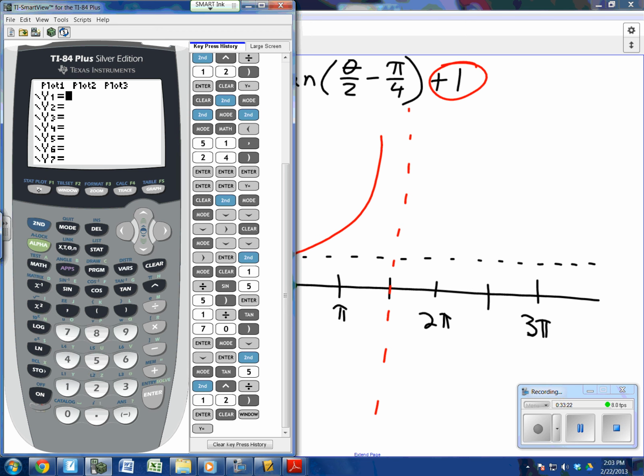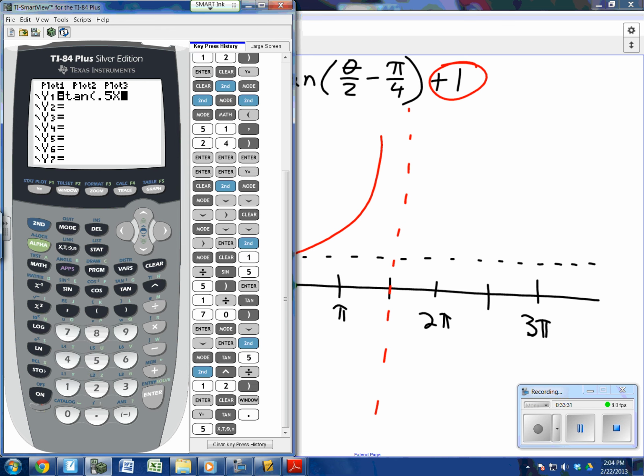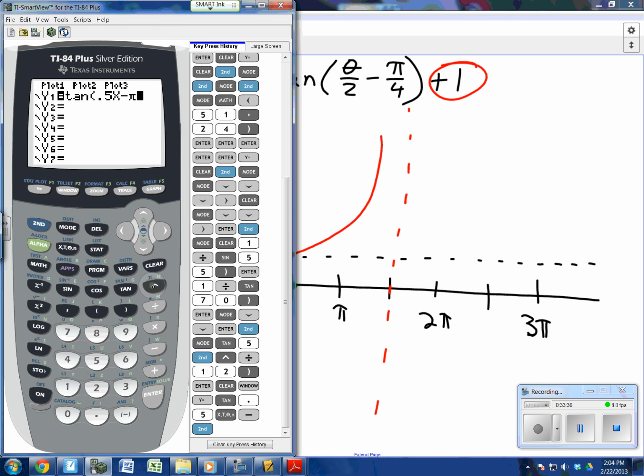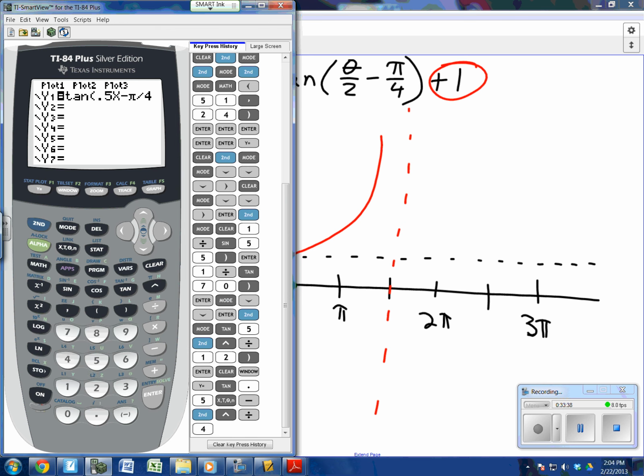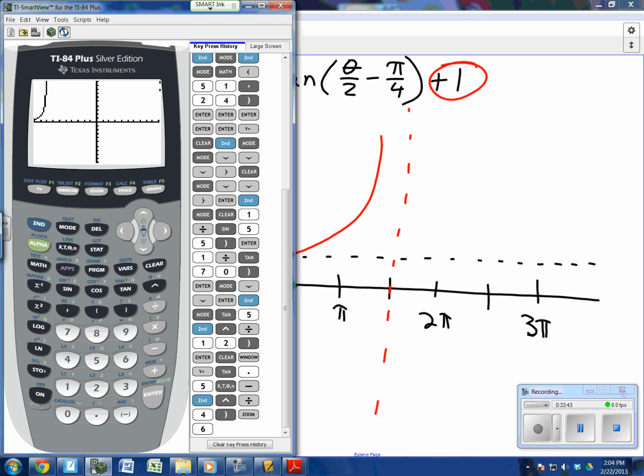If I go right here to my calculator and I go tangent of 0.5 theta, because that's the same thing as 1/2 theta, minus pi divided by 4, ending parenthesis, I hit zoom 6. Did I do that right? Oh, I didn't do plus 1.